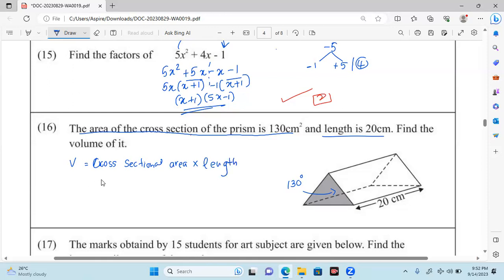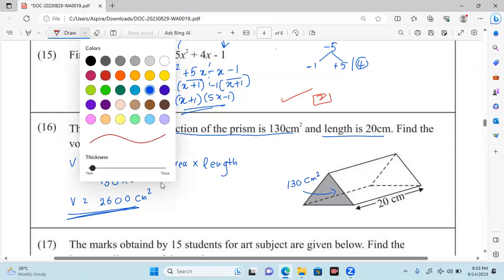Then cross-sectional area is, sorry, teacher, 130 square centimeters. Then 130 multiplied by 20. Okay. It's 26, that means 2600 square centimeters. Okay.